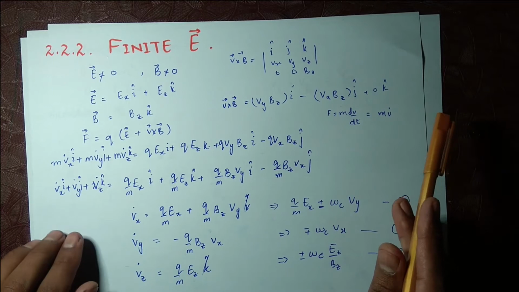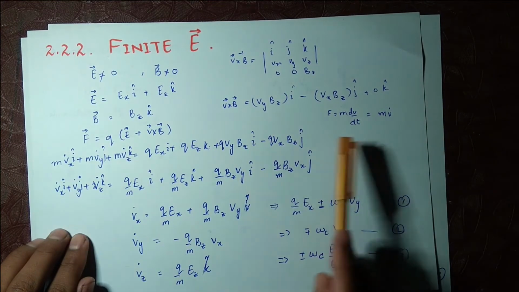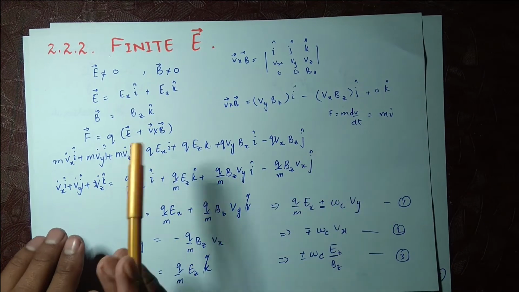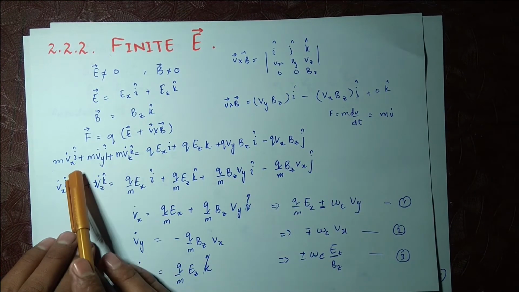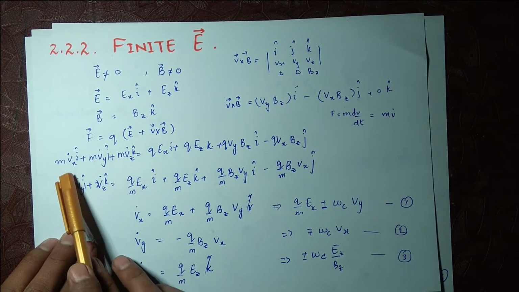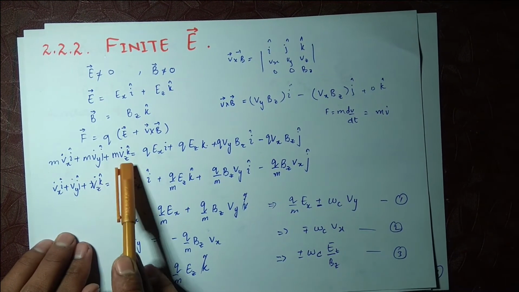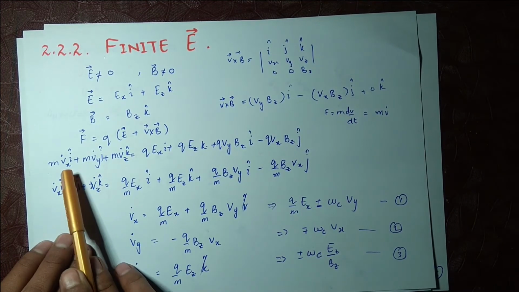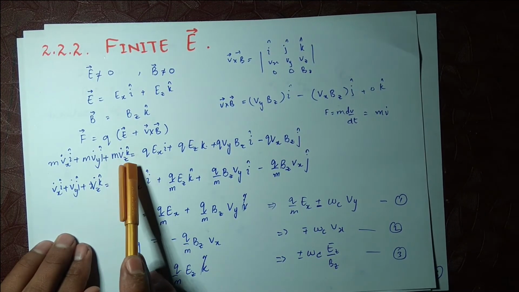Dividing by m, we split it into components x, y and z, v dot x, v dot y and v dot z, with respect to their respective unit vectors.